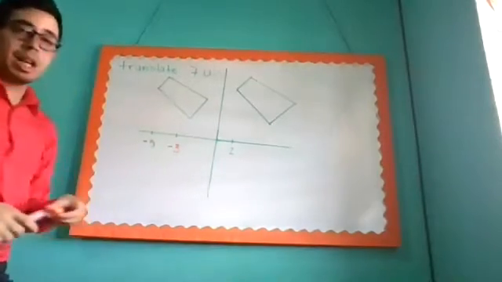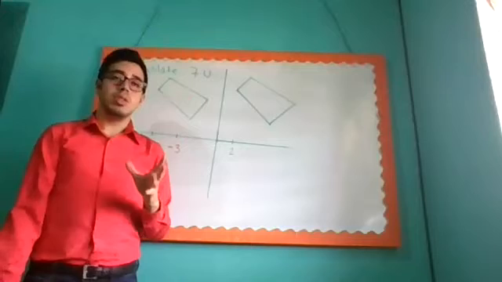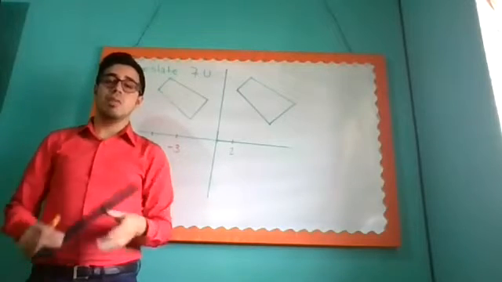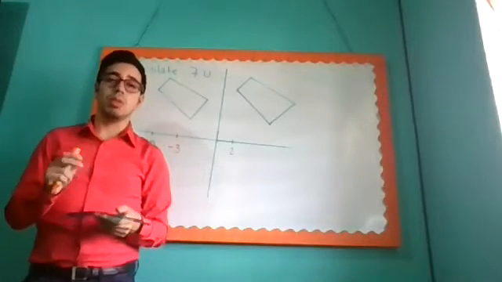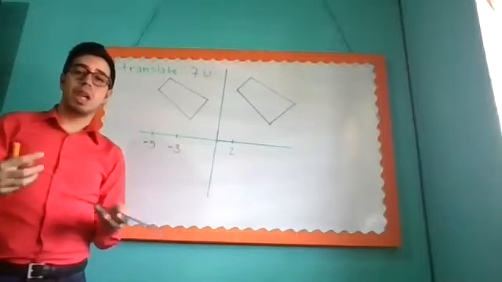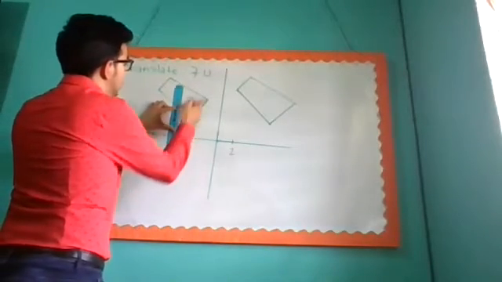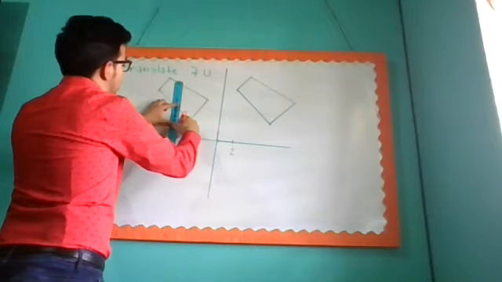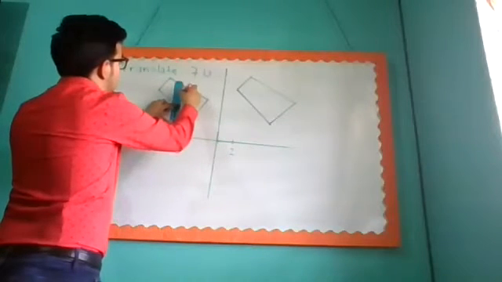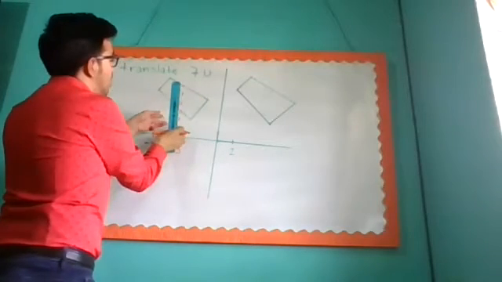If this is x = -3, like I told you guys, if you want, you can draw an imaginary line to represent it, so you don't get confused when you need to reflect the figure. You can draw the line of reflection. So for example, in here, you can draw something like this, right?